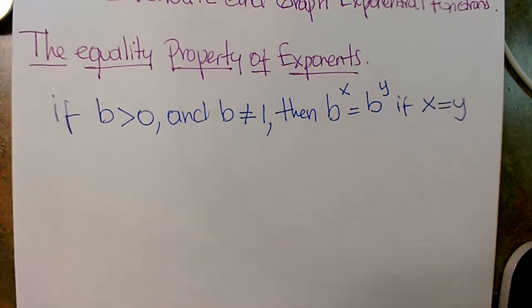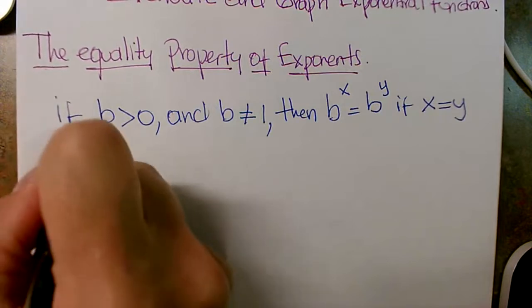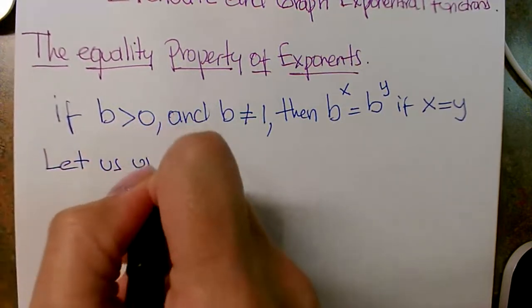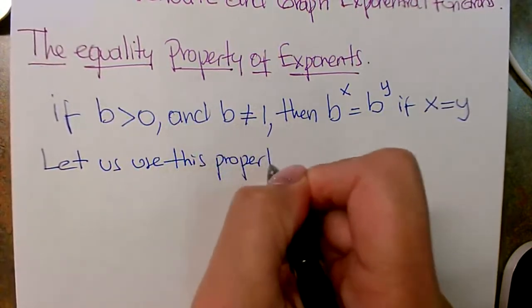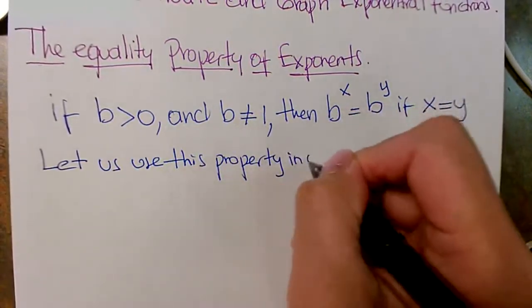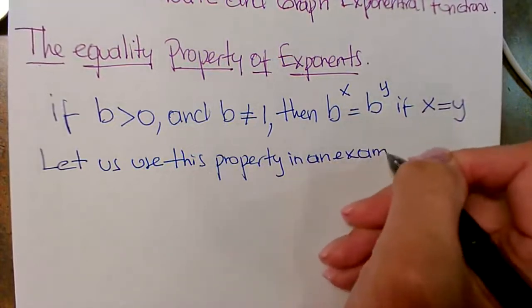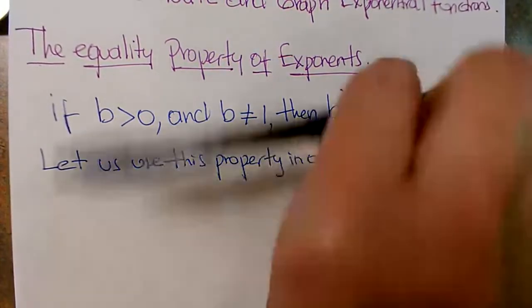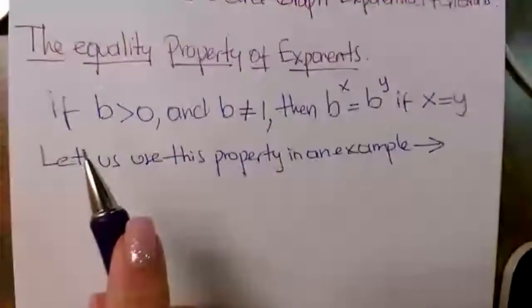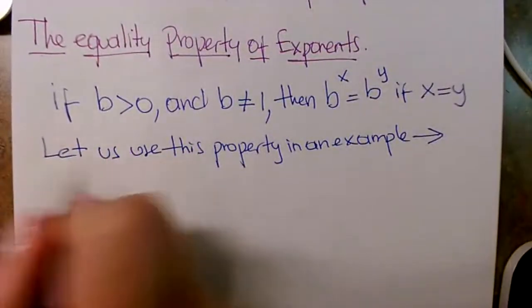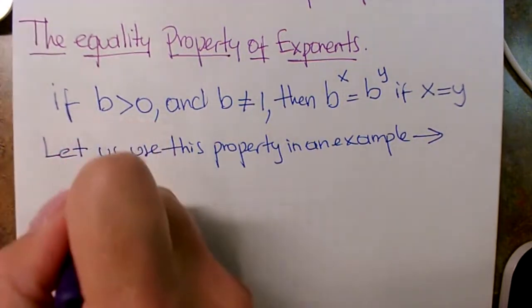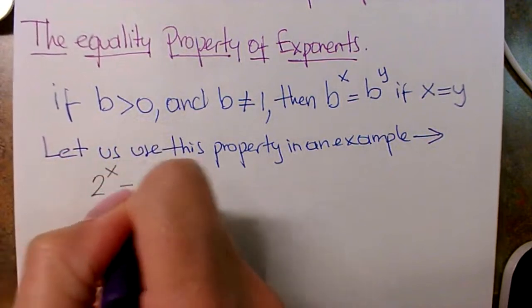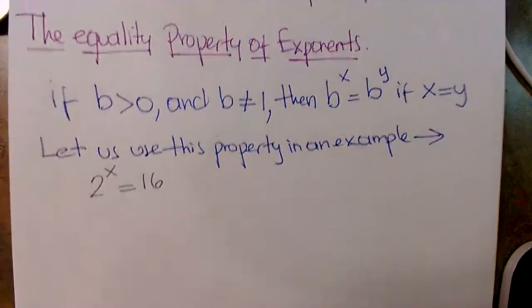Let's do an example. Let us use this property in an example. So 2 to the x power is equal to 16, for example.